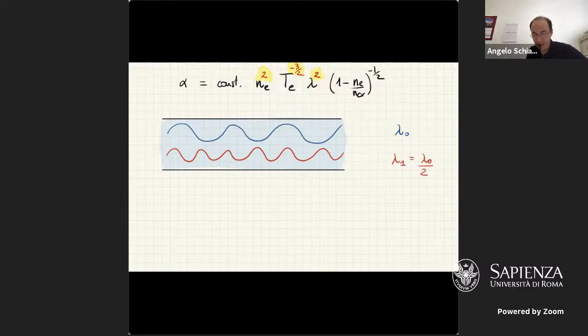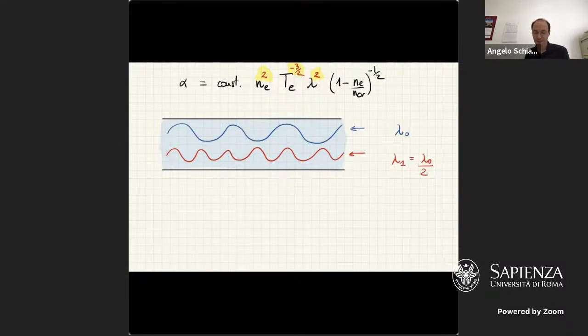What is the attenuation? For instance, we send the light from right to left. The laser pulse is propagating along this column and exiting the other side of the plasma. We want to see how much energy is being coupled to the plasma.